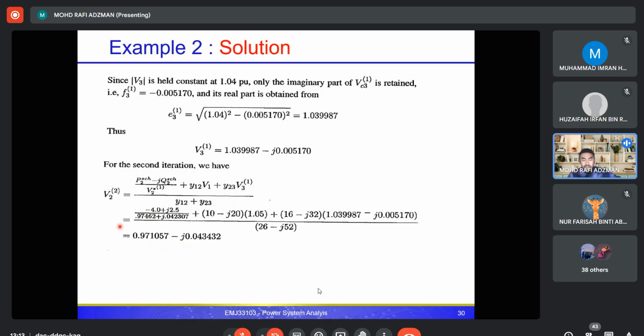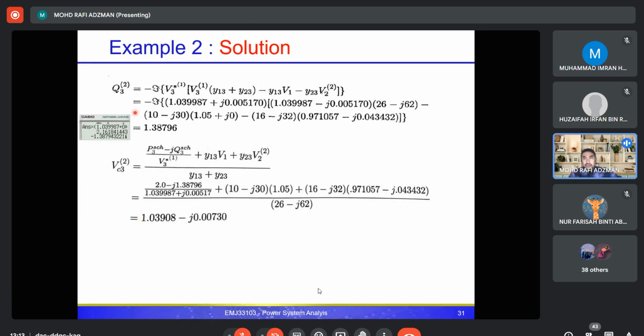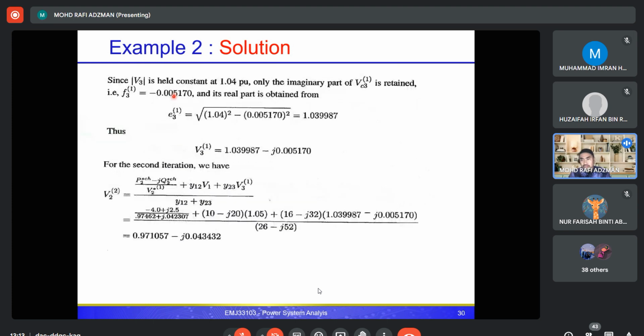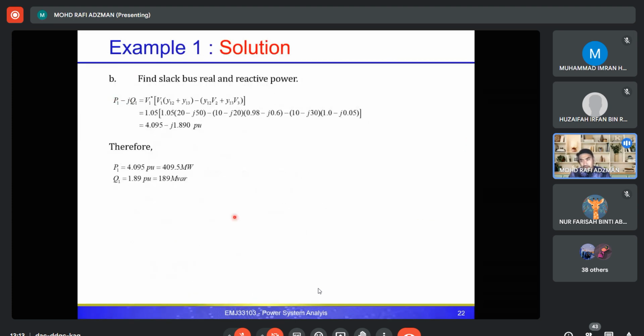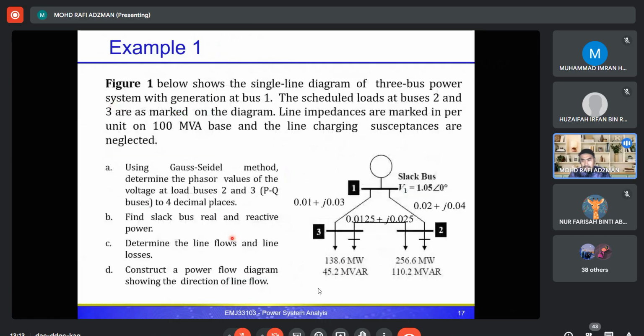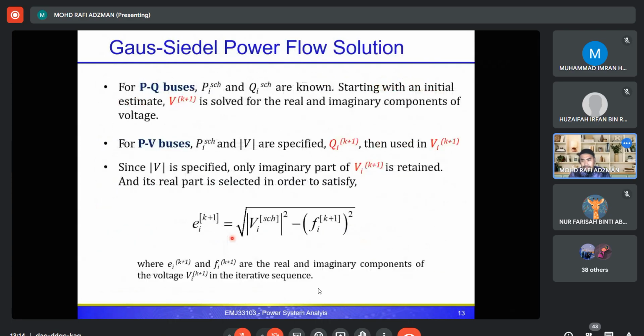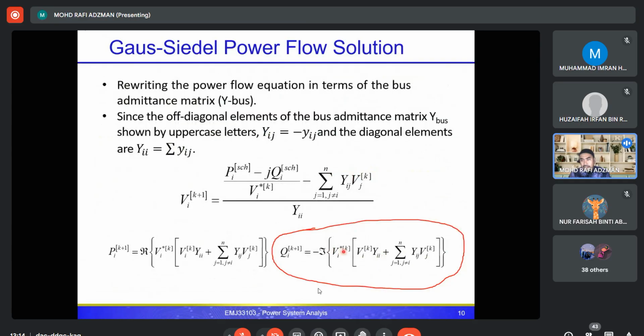Now we want to find V3 second iteration. Again, we know that we have to calculate Q3(2). So Q3(2) is equal to minus the imaginary part of this equation. Basically, we use the formula that we derived before. Yes, this one.